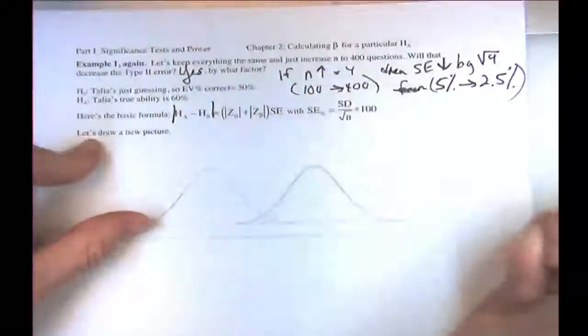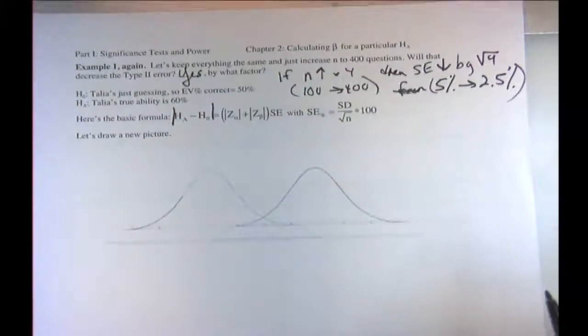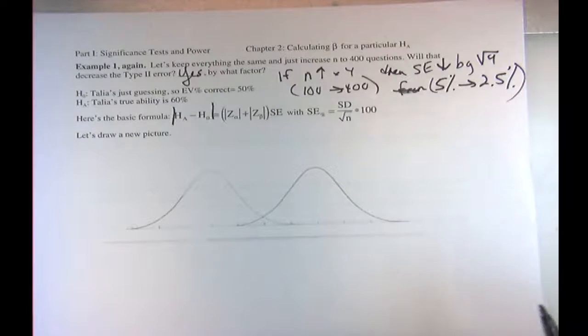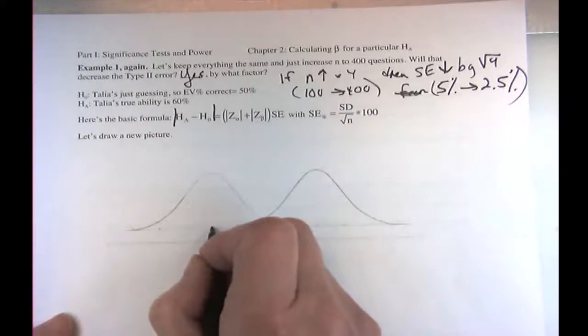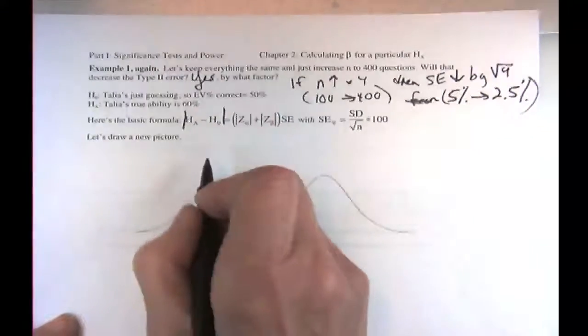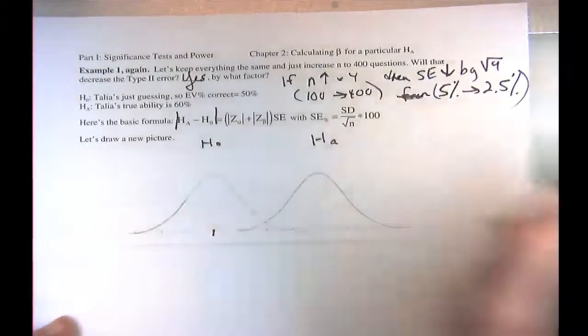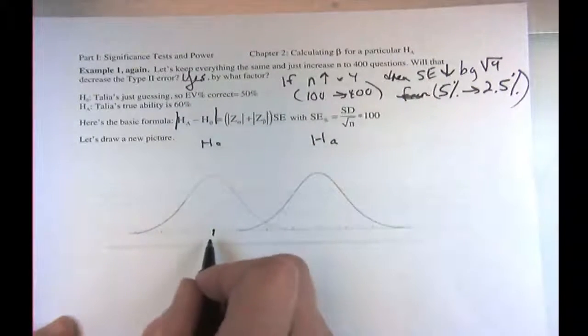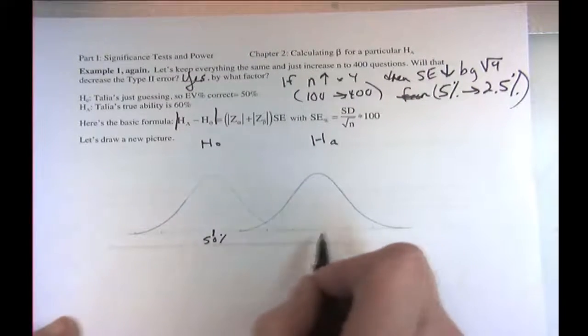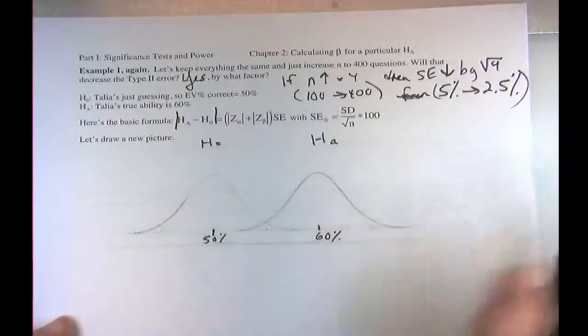Okay, so here's our basic formula again, and here's our new picture. Let's draw in our new picture here. So here is still our null hypothesis, and here's our alternative hypothesis. And now it's still 50 and 60. That's no different. We haven't changed that.